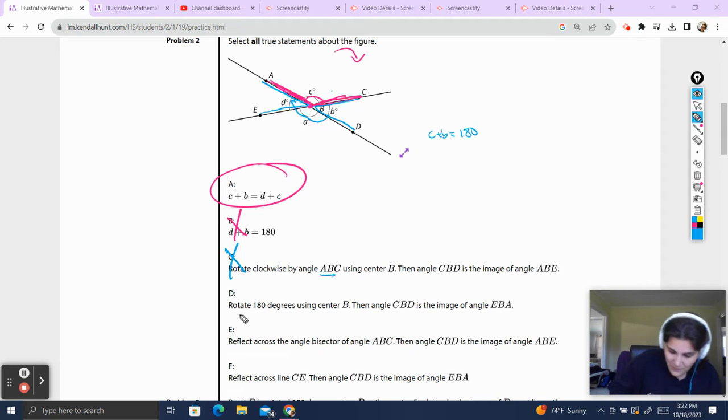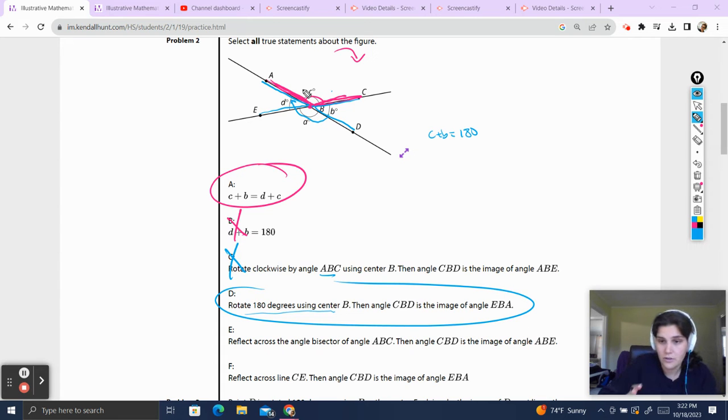But hey, rotate 180 degrees around center B, then angle CBD is the image of EBA. Yes, this one works because we had to rotate it 180 degrees around the center. So sometimes it takes a minute to get situated with the problem, but it's always worth it to take that time to get situated and figure out what your image is, because it's going to help us in further questions.